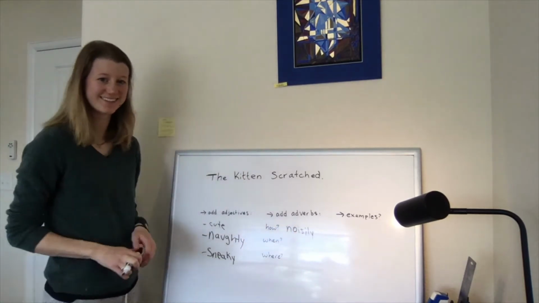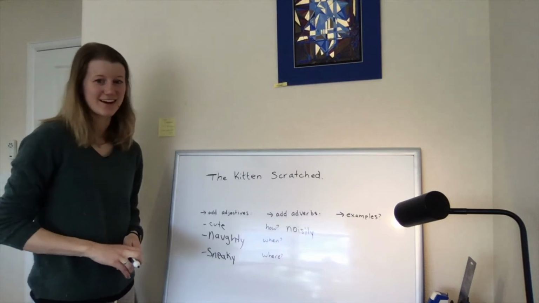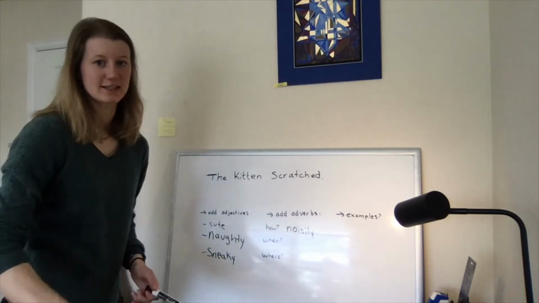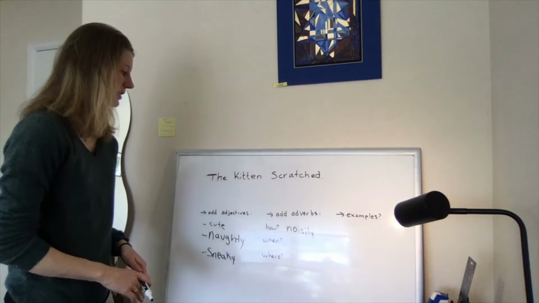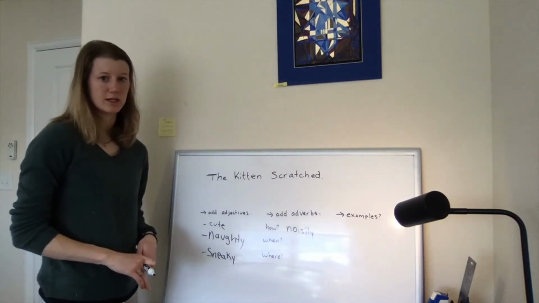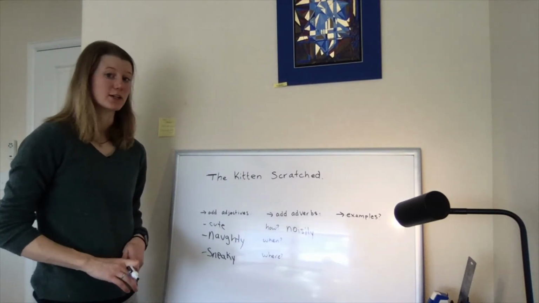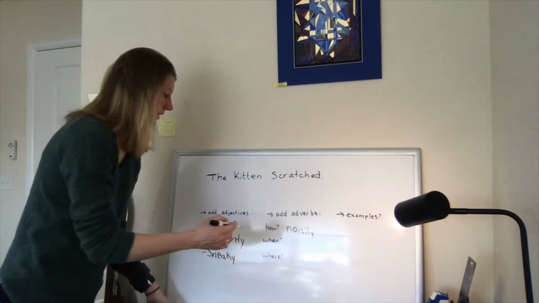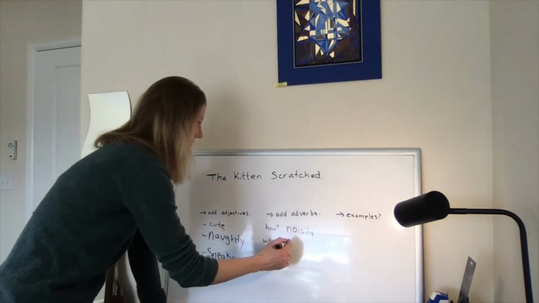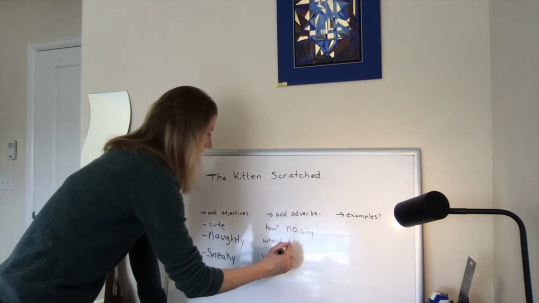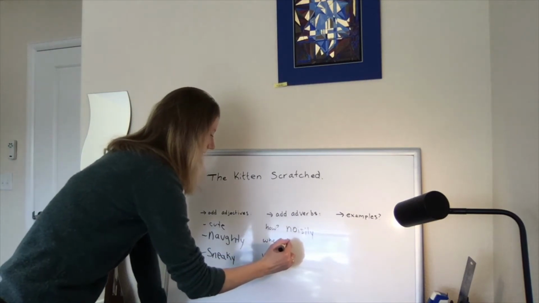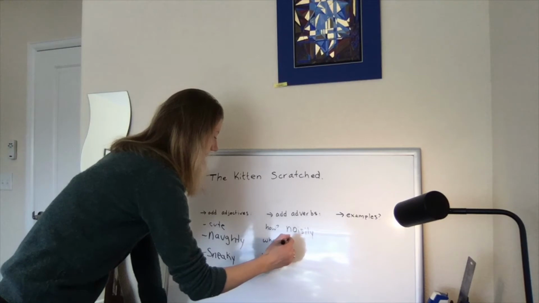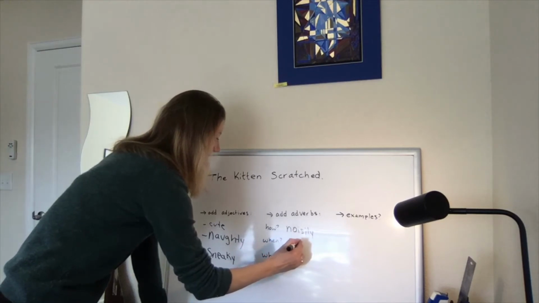I think so. We can ask ourselves, when did the kitten scratch? Did it scratch in the evening? Did it scratch today? Yesterday? I'm going to say the kitten scratched today.